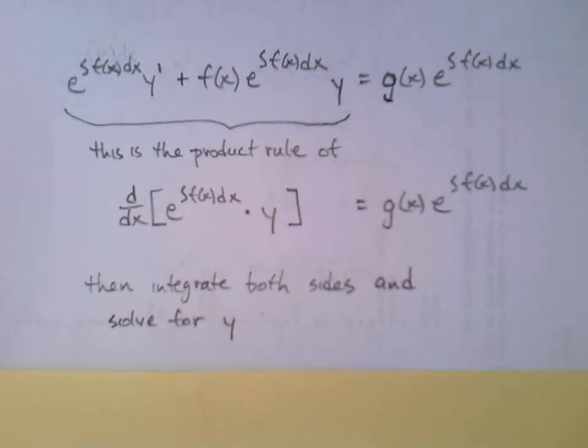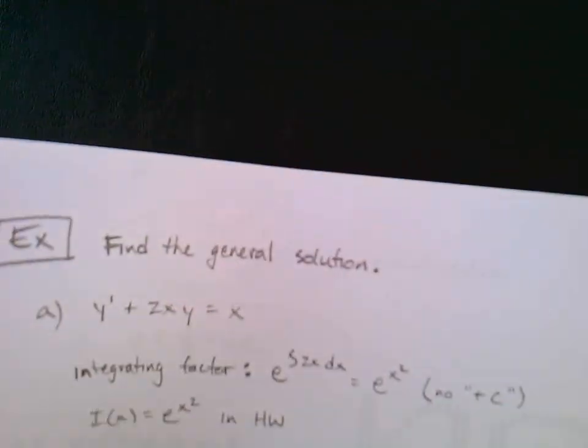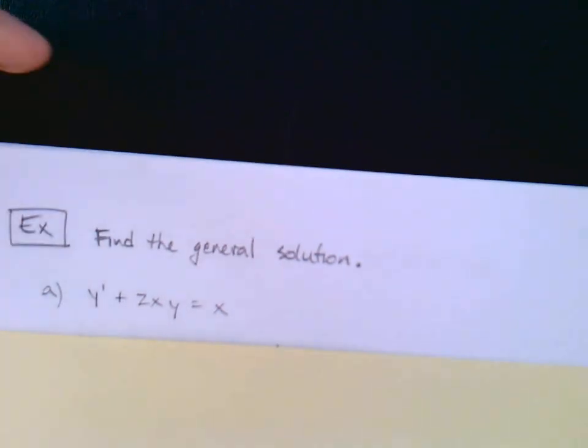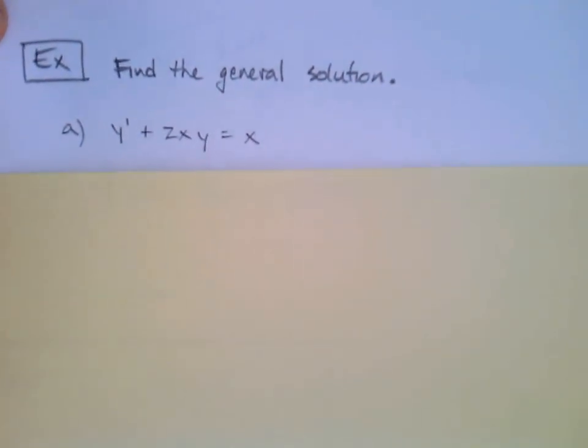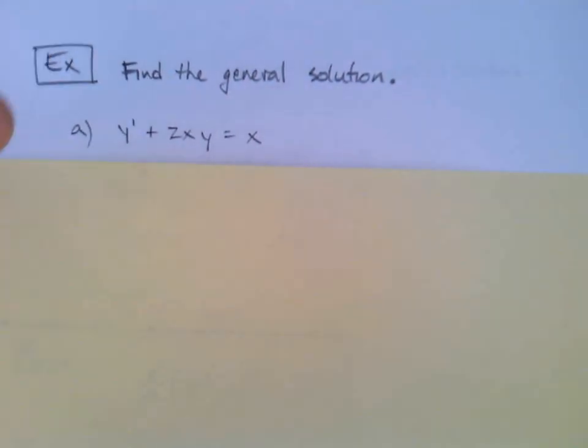Okay, so this is all pretty abstract. We got all these functions flying all over the place. Let's see an example, and we're going to start off with the one I mentioned just a moment ago. I like to whet your appetite that way.